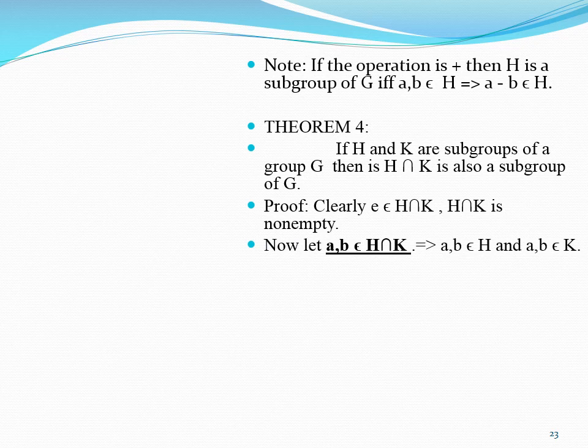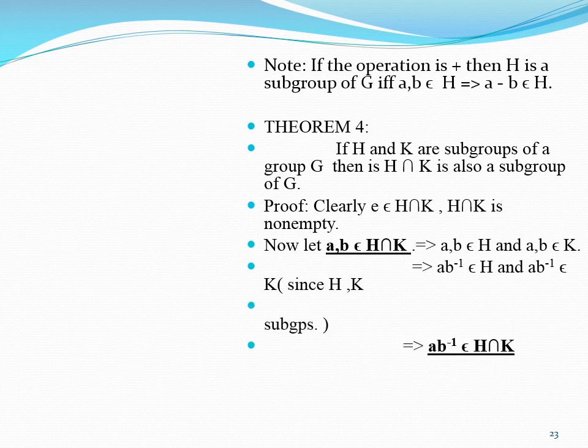Now take any two elements a, b in the intersection, which implies a, b belongs to H and also a, b belongs to K, which implies a b inverse belongs to H and a b inverse belongs to K, since H and K are subgroups. If the element appears in both groups, it appears in the intersection. So a b inverse belongs to H intersection K. So H intersection K is a subgroup of G.